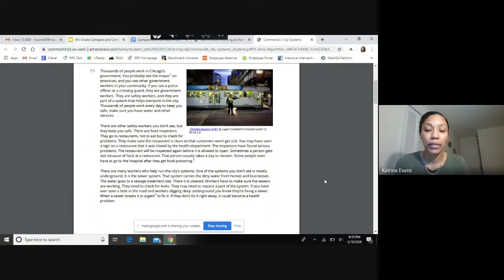They need to check for leaks. They may need to replace a part of the system. If you have ever seen a hole in the ground and workers digging deep underground, you know they're fixing the sewer. When a sewer breaks, it is urgent to fix it. If they don't fix it right away, it could become a health problem.